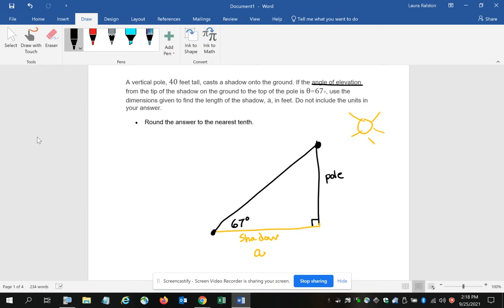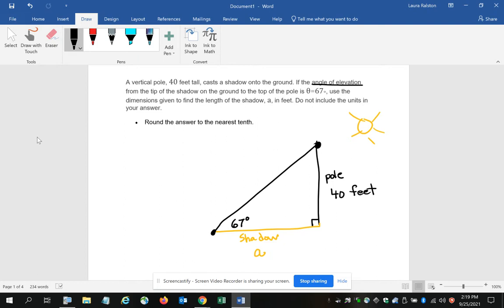At that point, we know that the pole is 40 feet tall because it says a vertical pole. The fact that it's vertical means that we get the right angle, and it's 40 feet tall, casting the shadow, and from the tip of the shadow to the top of the pole is a 67 degree angle.